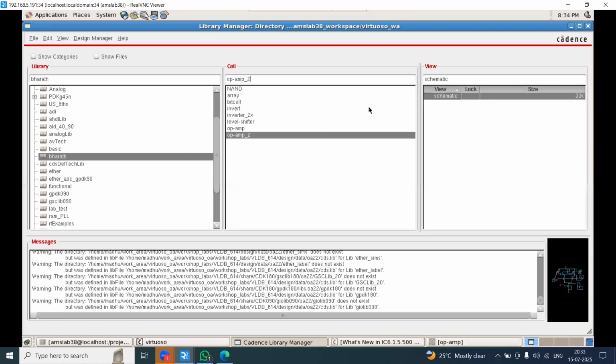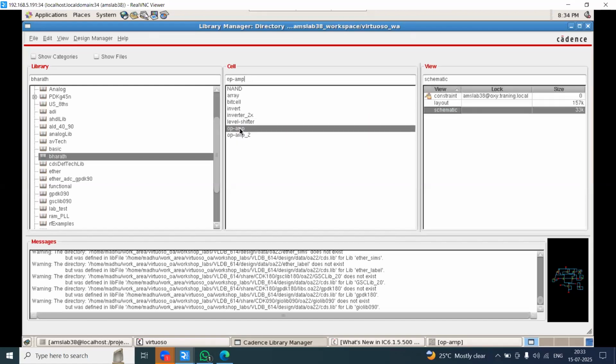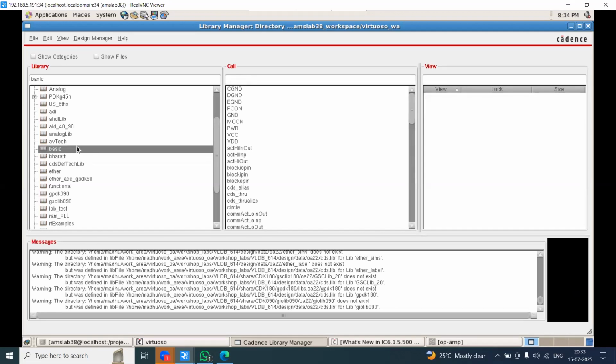Op amp 2 also, made after op amp 1. Okay, we'll see. Basic. And once this op amp 1 is done, we need to go for op amp 2. Means 2 level. This is a single level op amp. In a 2 level op amp, we will have 2 current mirrors. That is a simple change.